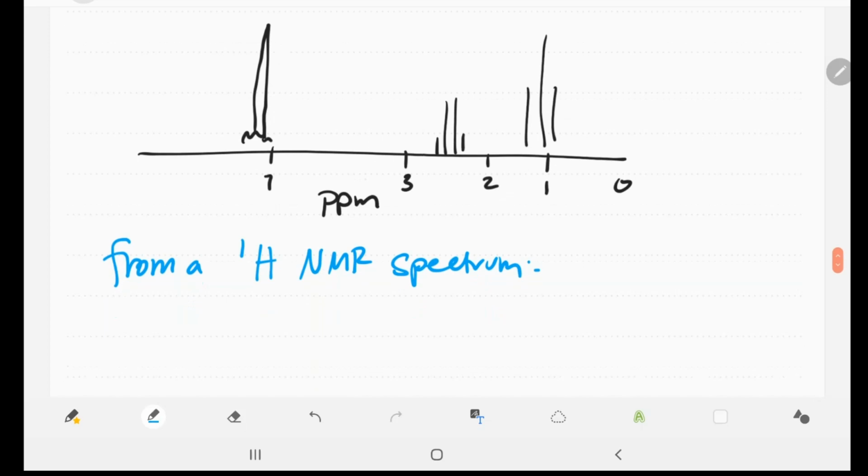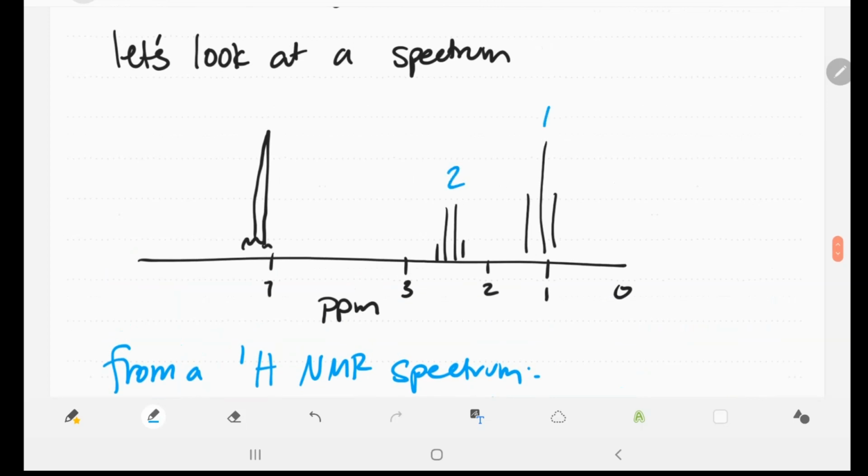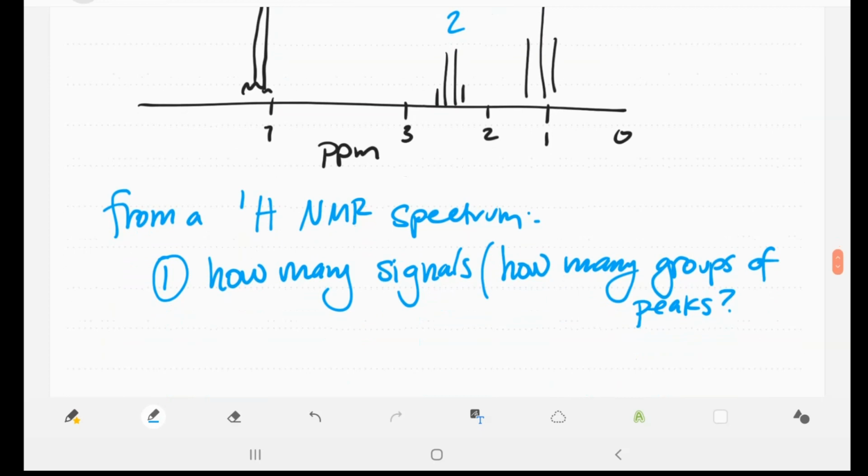First thing is how many signals? And that really is how many groups of peaks. And here we've got 3 different peaks, or groups of peaks, right? We're going to see that tells us how many signals we have.